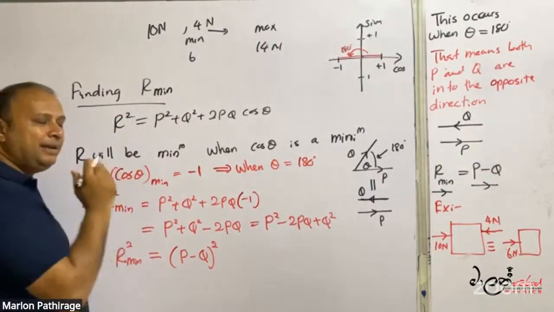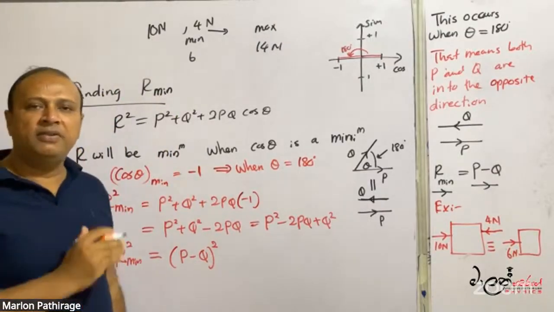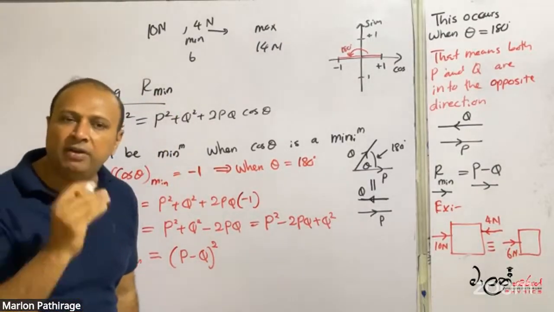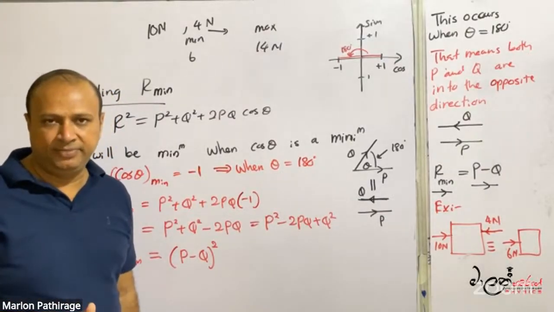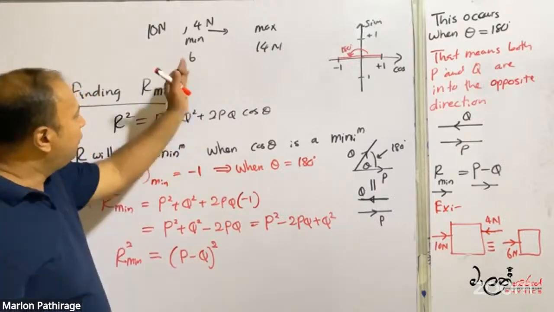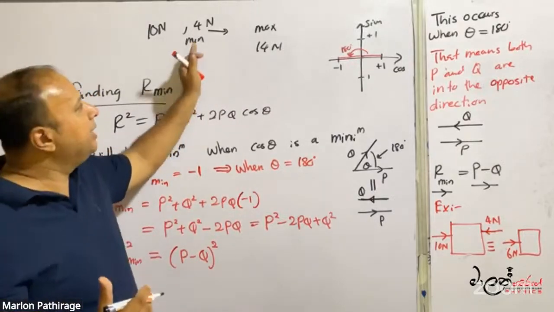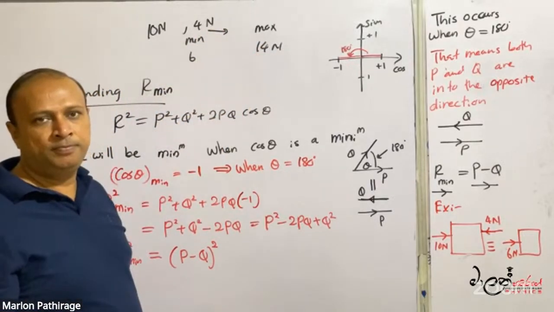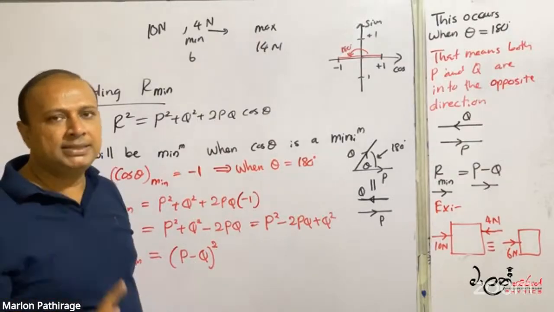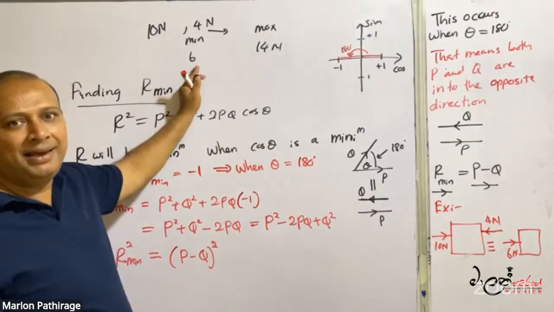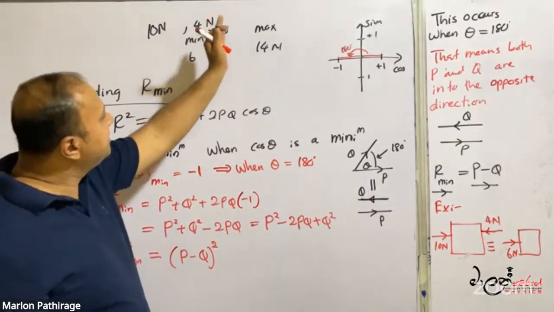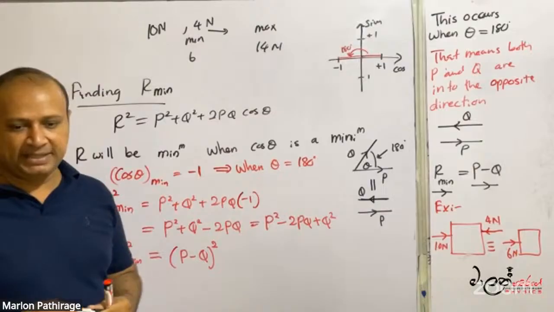Therefore, if you are given any two forces, their resultant can vary from its minimum value to maximum value. Therefore, the resultant vector should be in between 6 and 14.